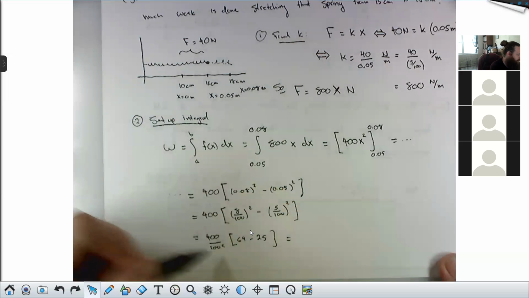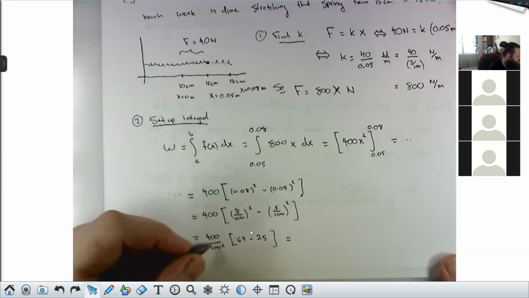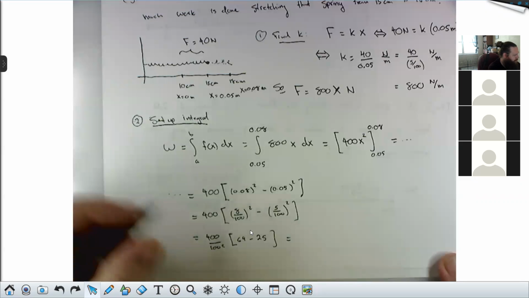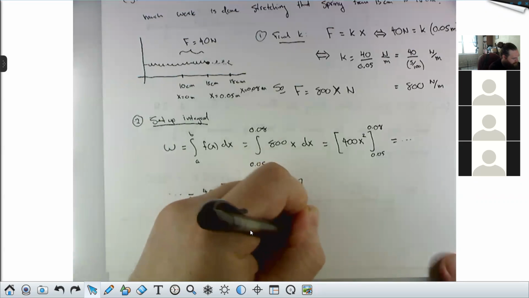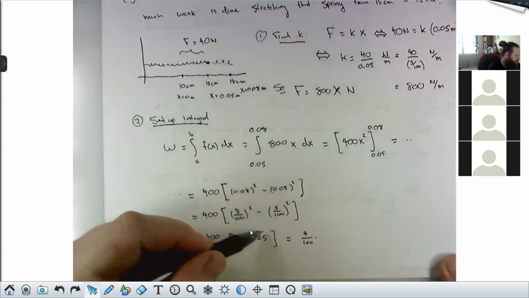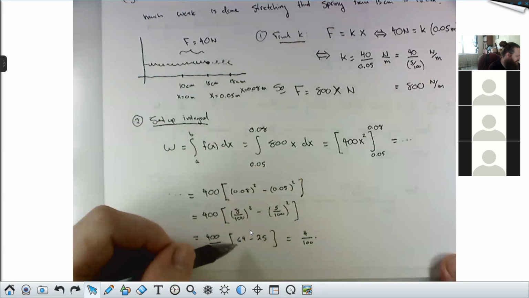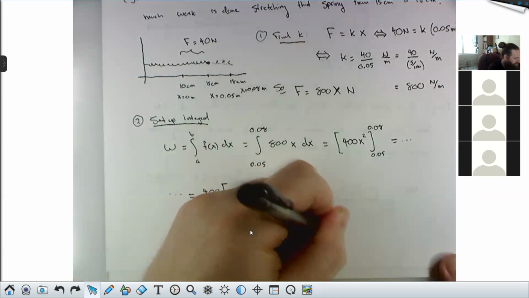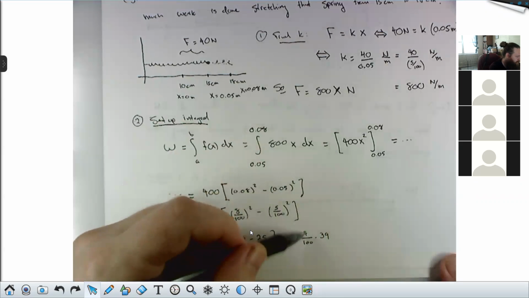And then 400 divided by 100 squared is 400 divided by 10,000. So we can definitely cancel a factor of 100 there, right? So that's 4 over 100 times 64 minus 25. I think we said that's 39, right? And then the 4 over 100, you can clean that up a little bit too.